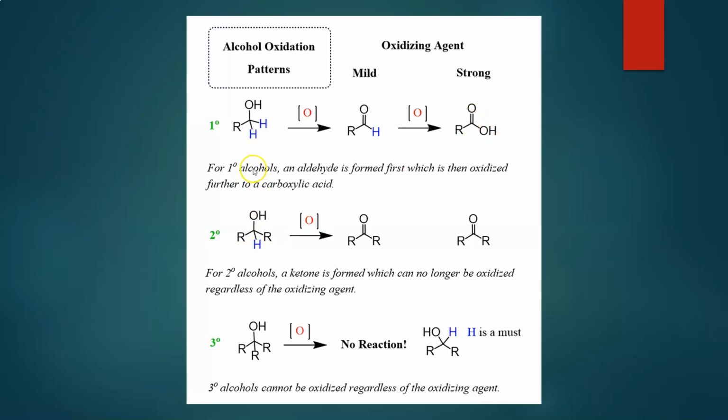The secondary alcohols can only be oxidized to produce ketones. Ketones cannot be oxidized. And the tertiary alcohols cannot be oxidized at all.